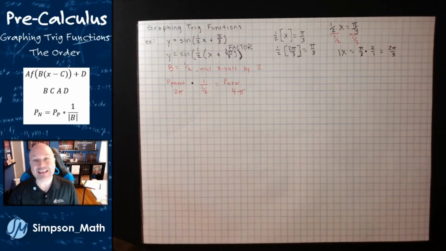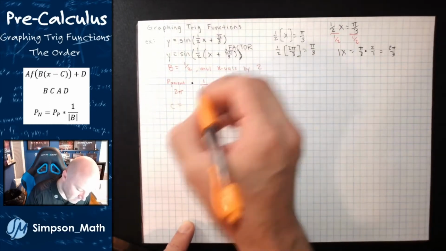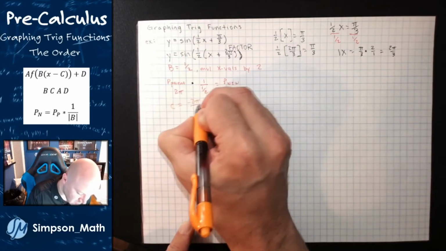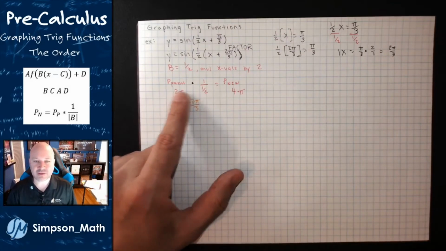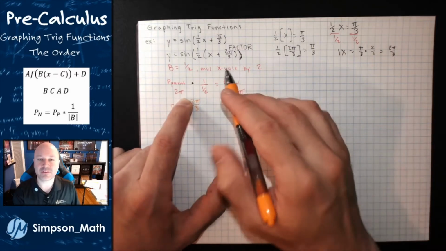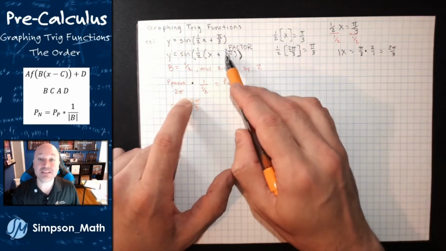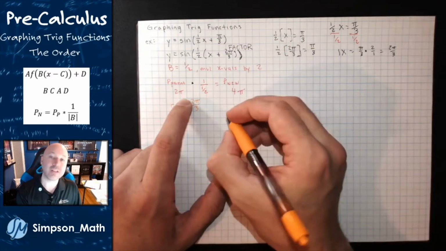I can take care of the b by multiplying my x values by 2. Cool. Then I've got a c value of negative 2 pi thirds. If the minus sign confuses you, that's okay. It's basically a distance of 2 pi thirds, and because it follows a plus sign in the given function, I'll be moving in the negative direction, or left.